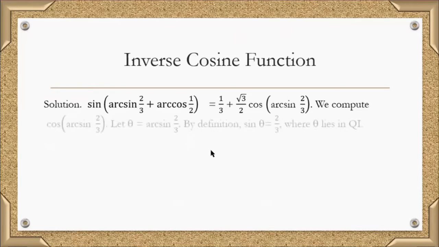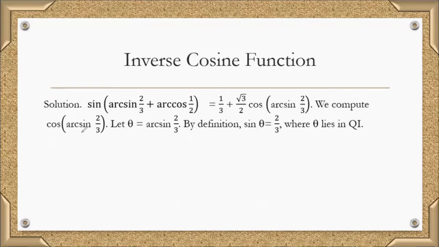Okay, we compute. Kung kailangan ma-compute natin itong cosine of arc sine 2/3. So, cosine of arc sine 2/3, let theta be the value of arc sine 2/3. Kasi para ma-meet natin yung cosine theta.